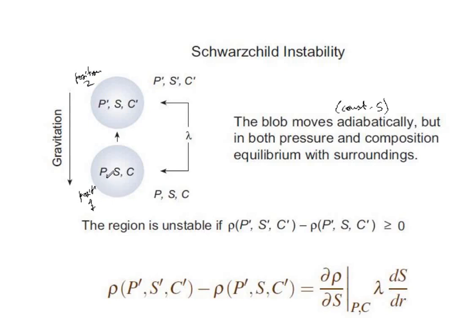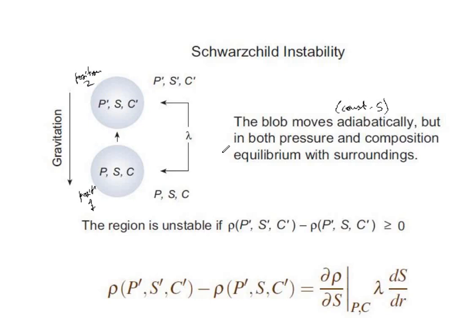Now let me denote pressure, entropy, composition in position 1 by P, S, C, and the same in position 2 with prime coordinates: P prime, S, and C prime. Why is there no S prime? Because I am saying constant entropy. Okay, adiabatically.